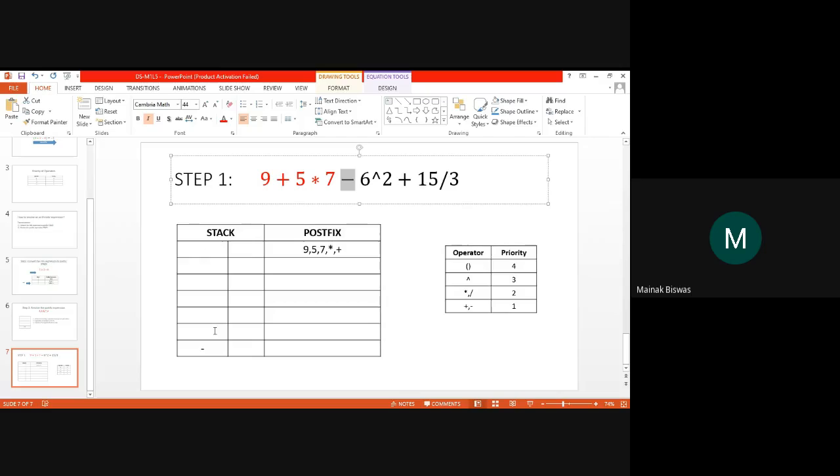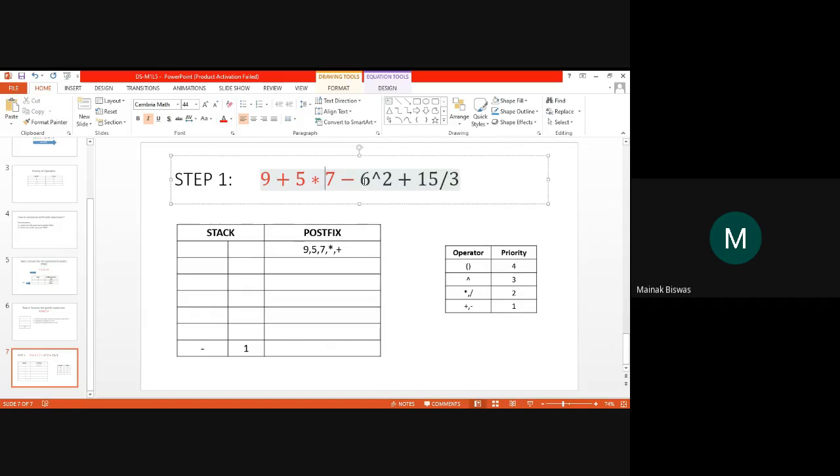This is done till the stack is empty, and then the subtraction operator is pushed into the stack. So its priority is 1.